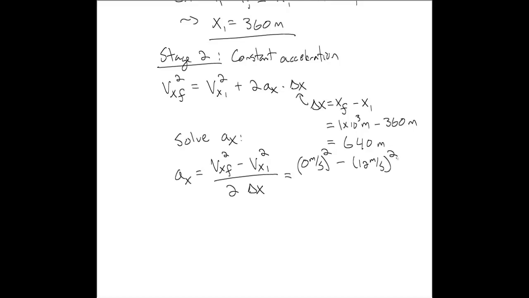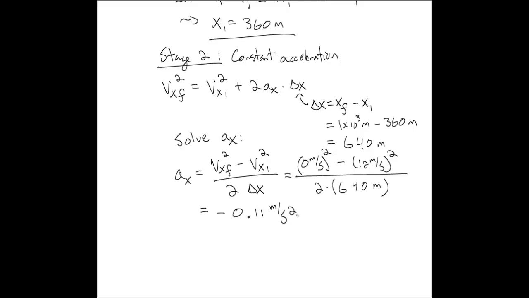And now something that's easy to mess up is to forget to square those velocities up top, so be sure you do that. And then on the bottom, it's 2 times 640 meters. So I put that in my calculator, plug and chug, and see what I get. And so at the end of the day, I get negative 0.11 meters per second squared to two significant figures.